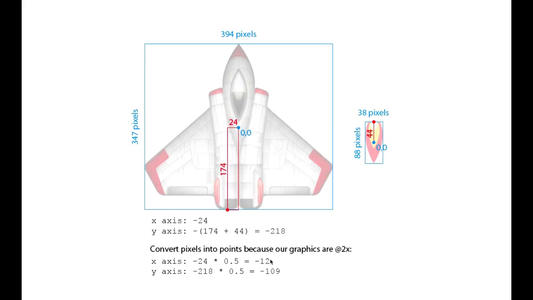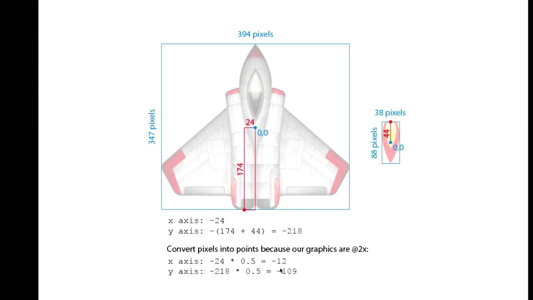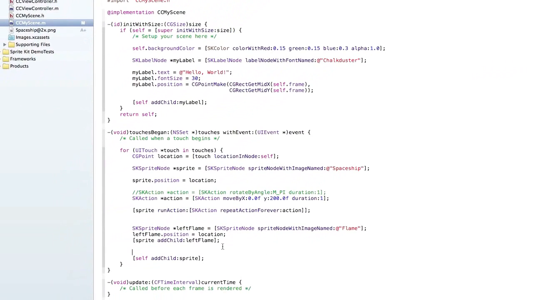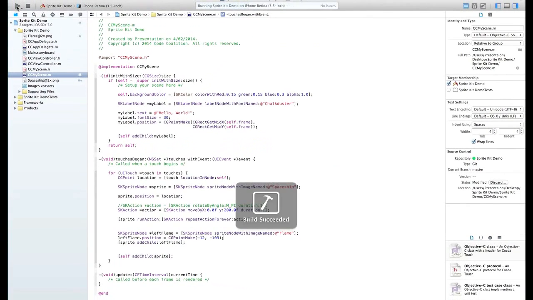That's going to give us minus 12 and minus 109. So how about we go ahead and do that to this guy? Instead of putting location here, let's go CGPoint(x: -12, y: -109). And if I run that, I think I should see that my flame shows up in the correct spot.